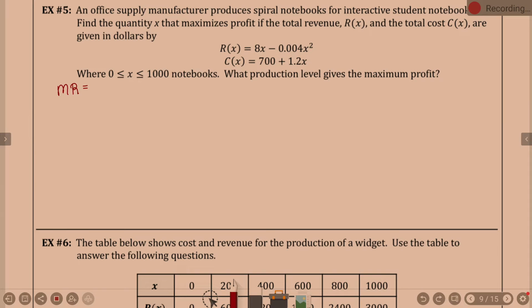Okay, maybe not. I see where I'm going with this. So the idea that profit is revenue minus cost, right? And so then the derivative of profit is the derivative of revenue minus the derivative of cost. So this would be marginal revenue minus marginal cost equal to 0.